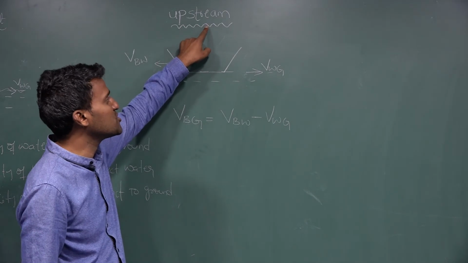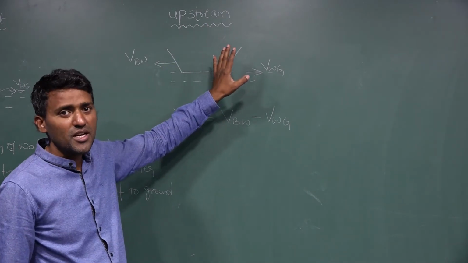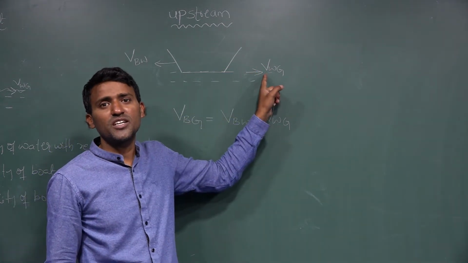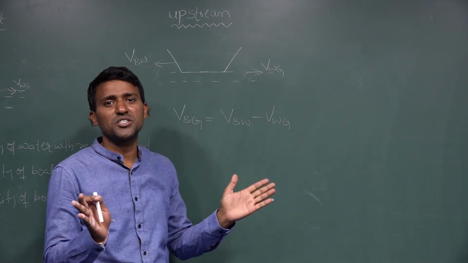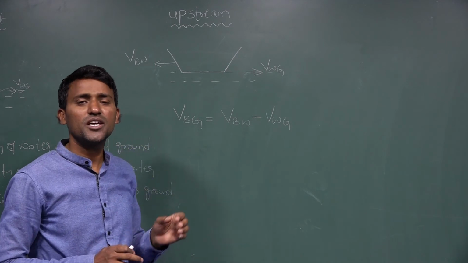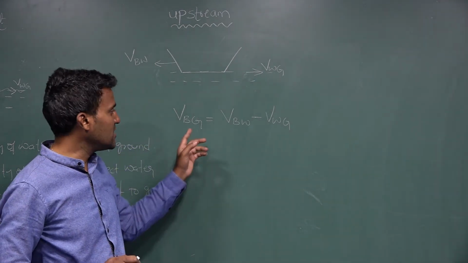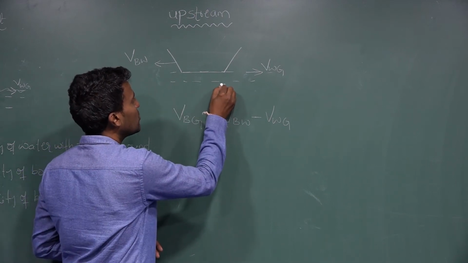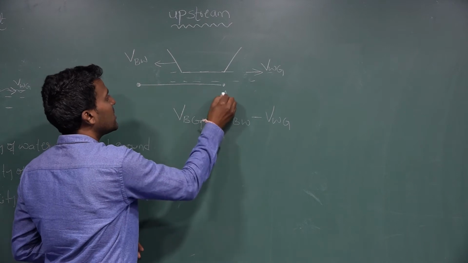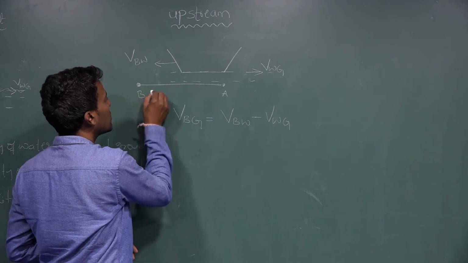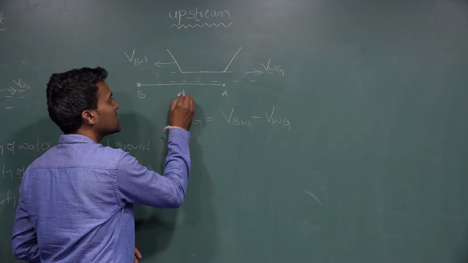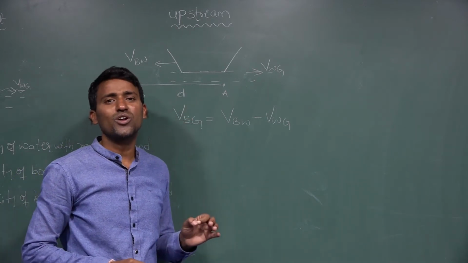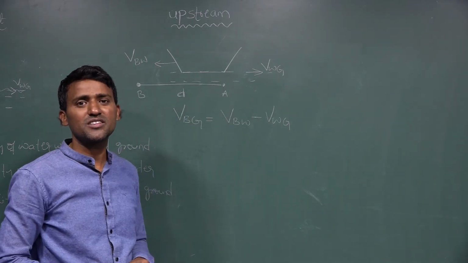This is called upstream. Once again, if the velocity of the boat and the velocity of the water are in opposite direction, we call it upstream, and this is the upstream formula. For example, if the boat is traveling from point A to point B, this distance is D. What is the time taken by the boat to cross the AB distance?